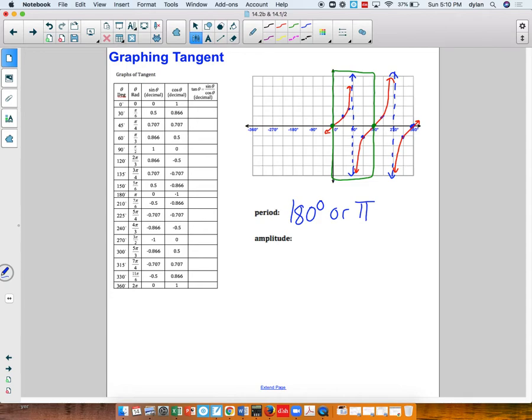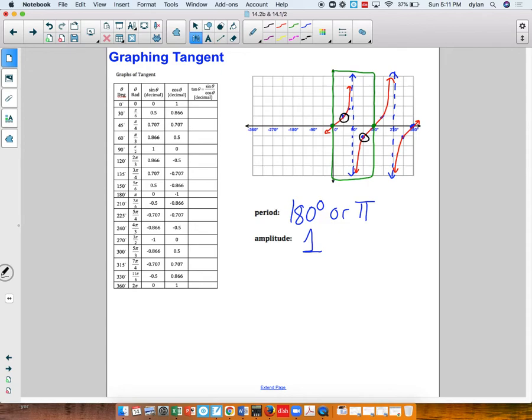Also, our amplitude is 1, but in this case, our amplitude is a little bit different. Our amplitude actually impacts the 2 points that I'm circling up here. In other words, the 2 points at sort of the 45 degree and 135 degree mark.